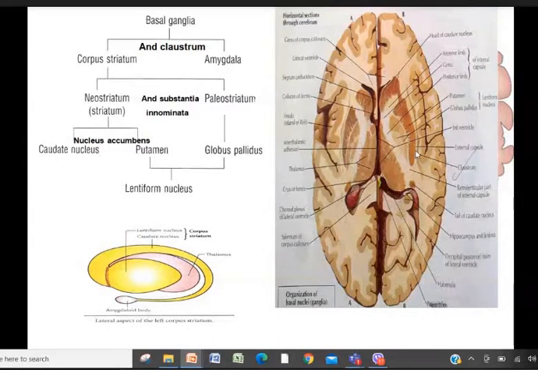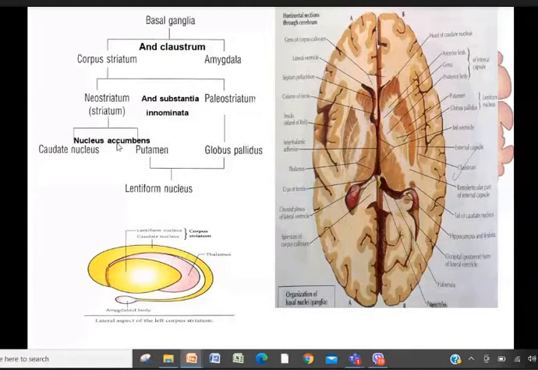This corpus striatum is again divided into neostriatum, paleostriatum, and substantia innominata. You have to remember that the corpus striatum is divided into neostriatum and paleostriatum. The neostriatum is again divided into caudate nucleus and nucleus accumbens, and the paleostriatum is divided into putamen and globus pallidus.